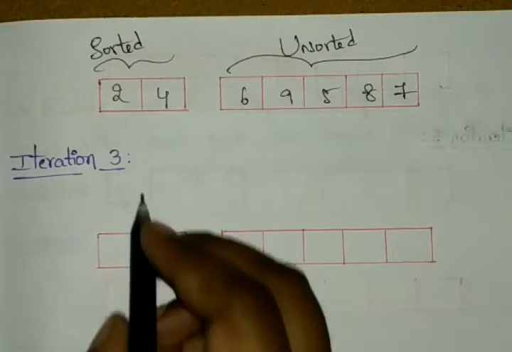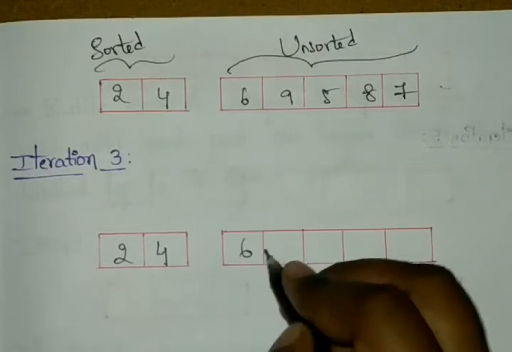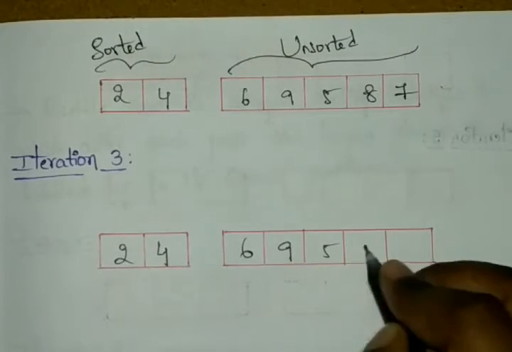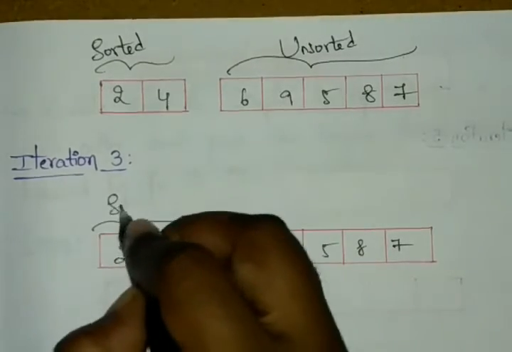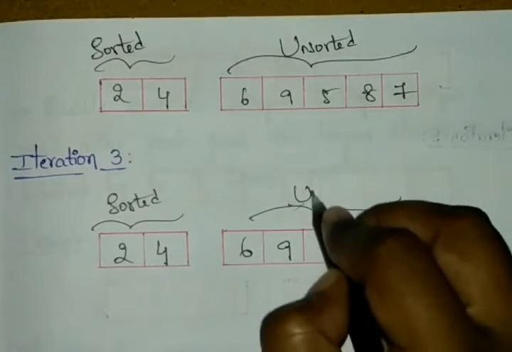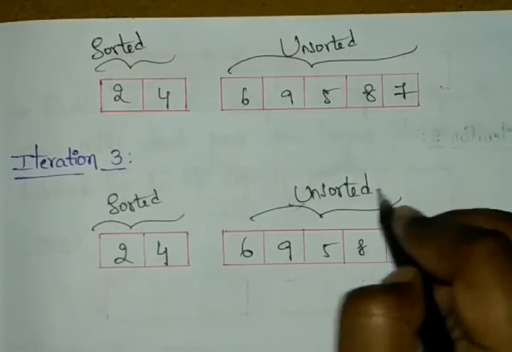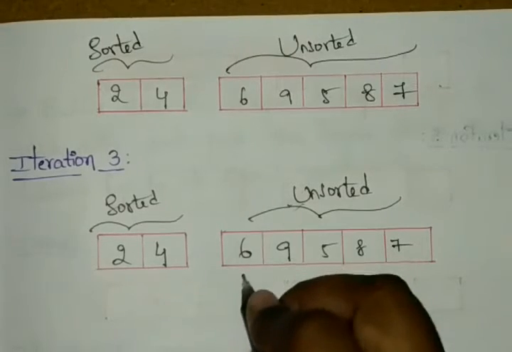Again you write whatever elements you have. Now these are our sorted elements and these are our unsorted elements. First you need to find the first element in the unsorted list. Now 6 is the first element.